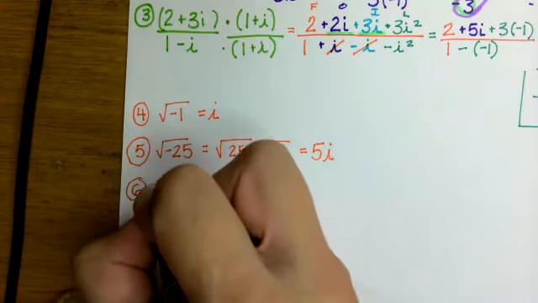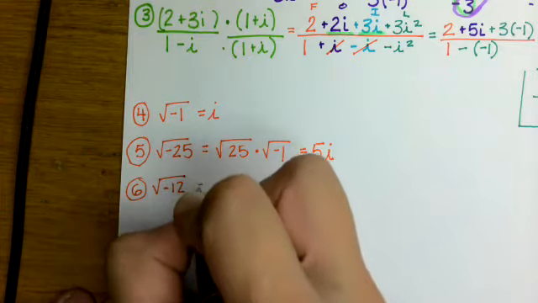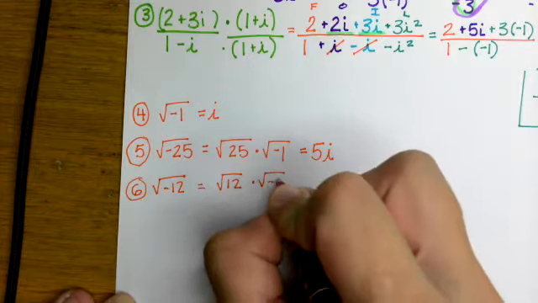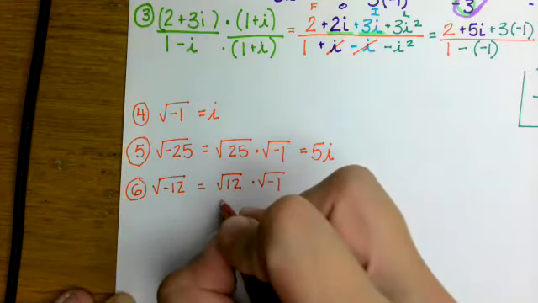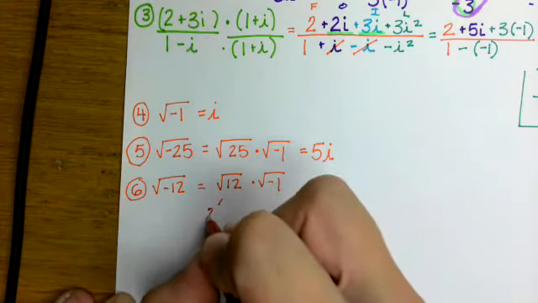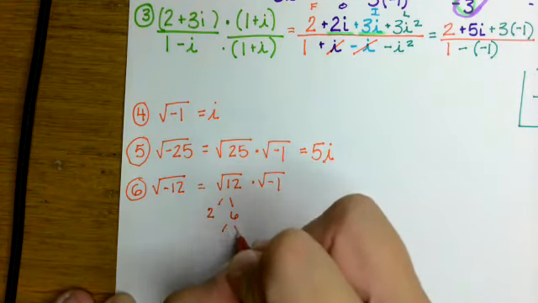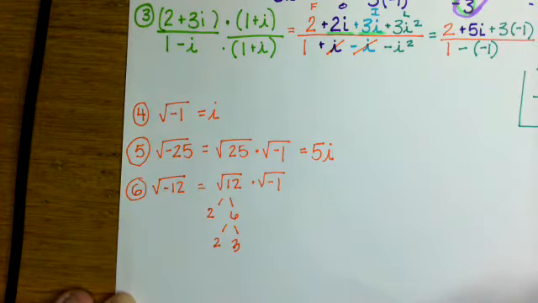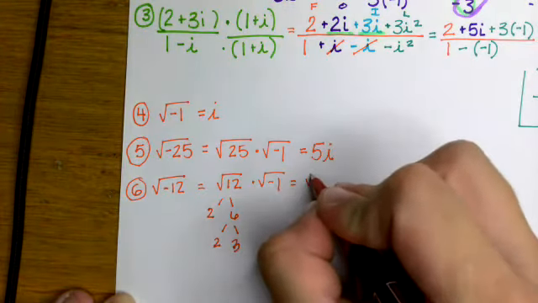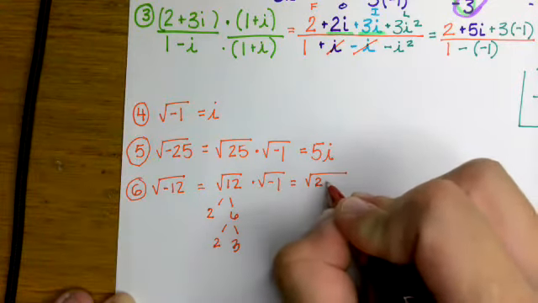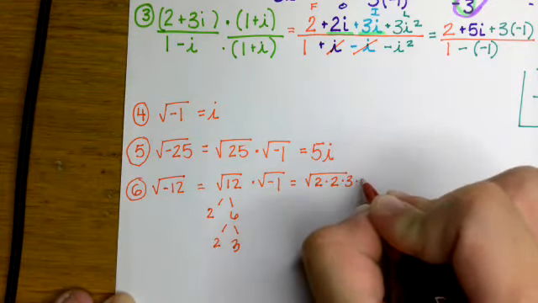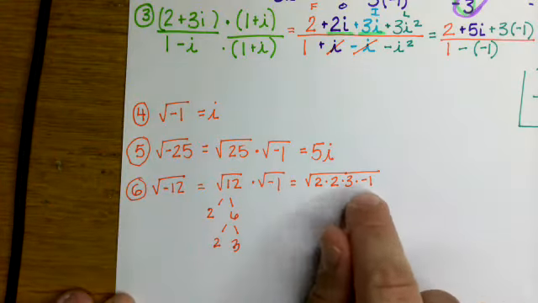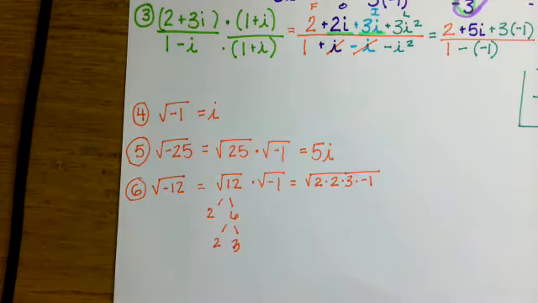6. The square root of negative 12. That can be the square root of 12 times the square root of negative 1. 12 can be 2 and 6, or 2 and 2 and 3, right? So we can change that 12 to 2 times 2 times 3 times negative 1.